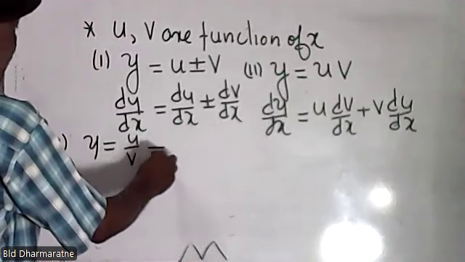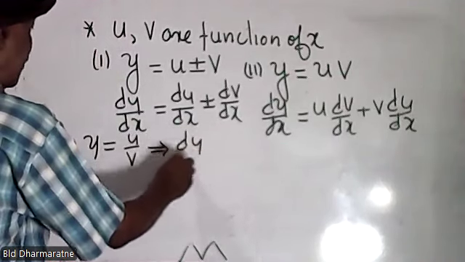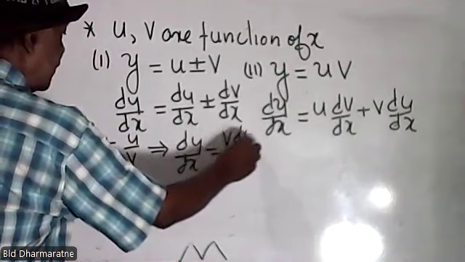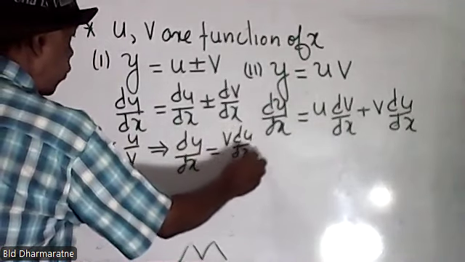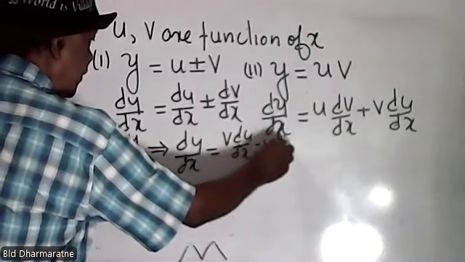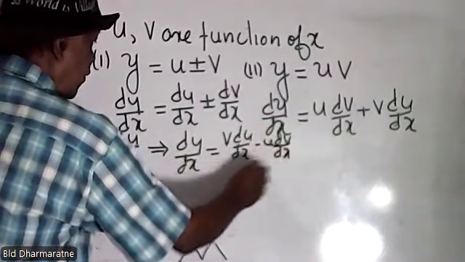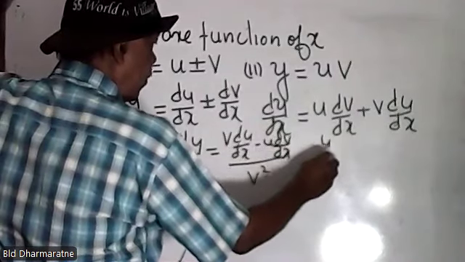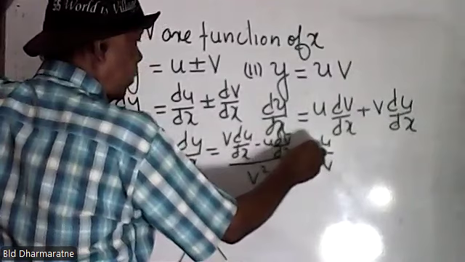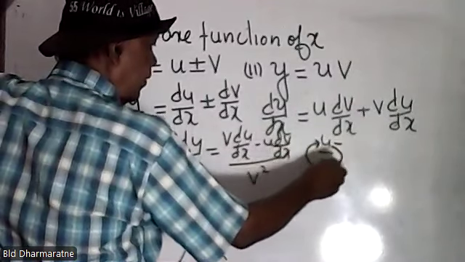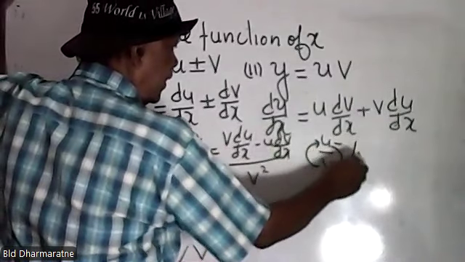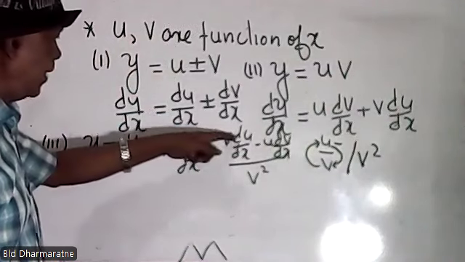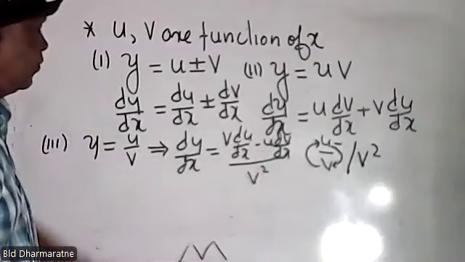Then dy by dx equals v du by dx minus u dv by dx, over v squared. Remember this one. First take v du by dx, minus u dv by dx, over v squared.